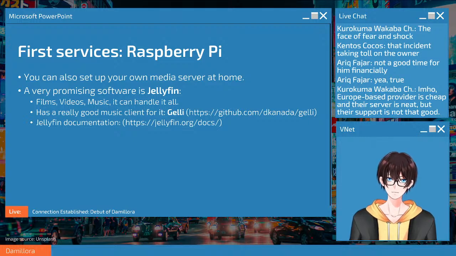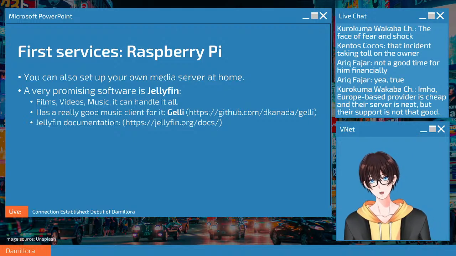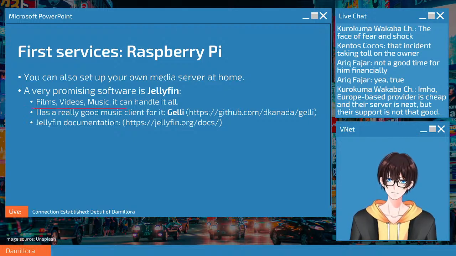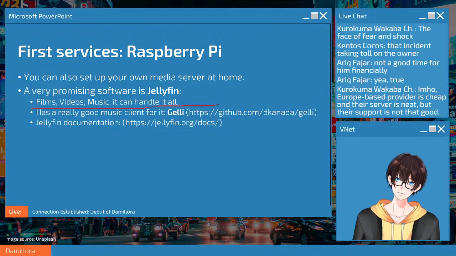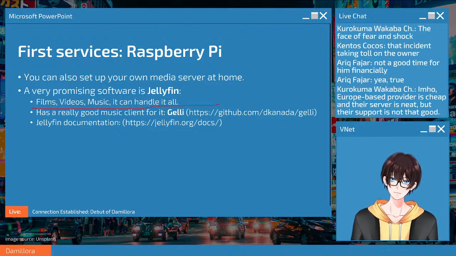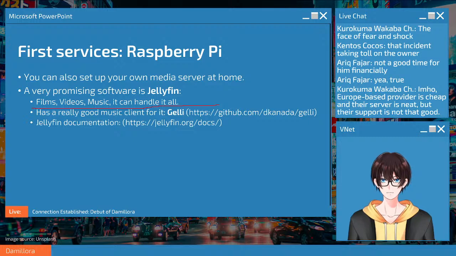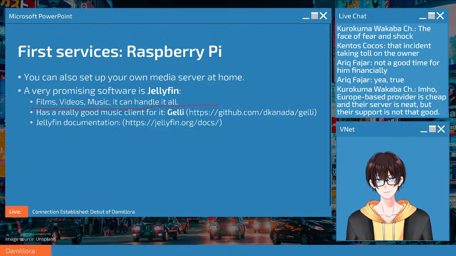And then another service that I like is a media server, and a very promising one is Jellyfin. You can watch films, videos, listen to music, look at pictures. They even handle books. And it also has a really decent music client.